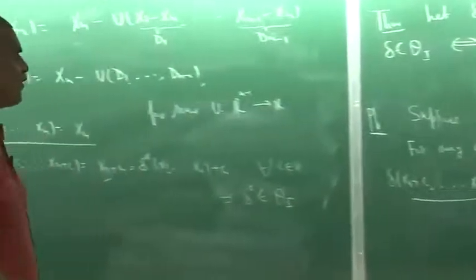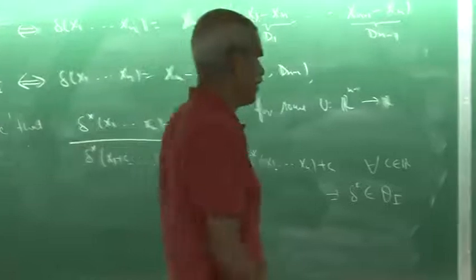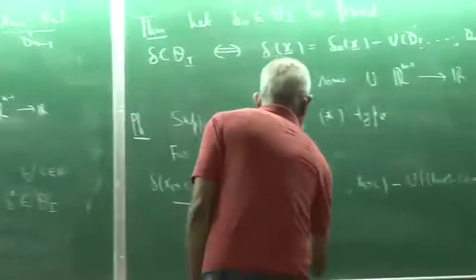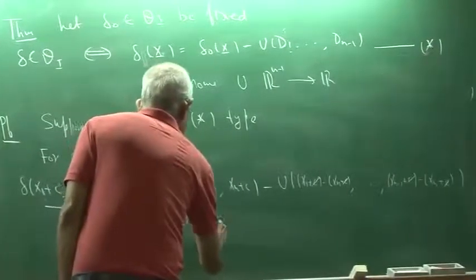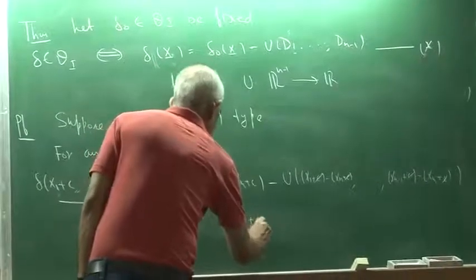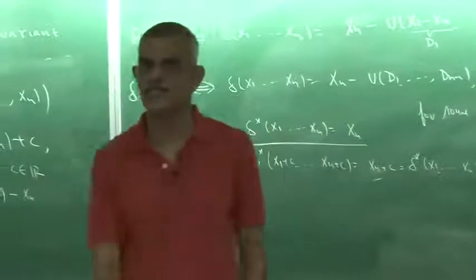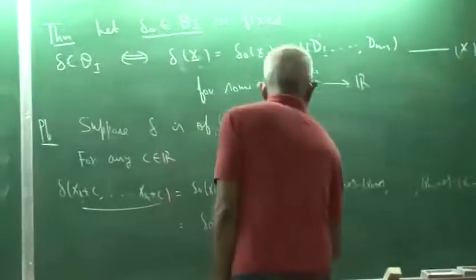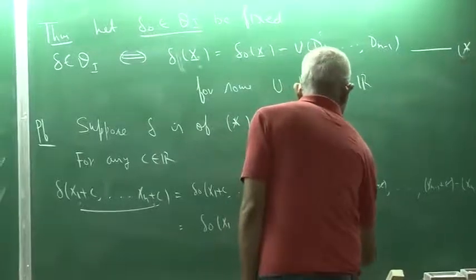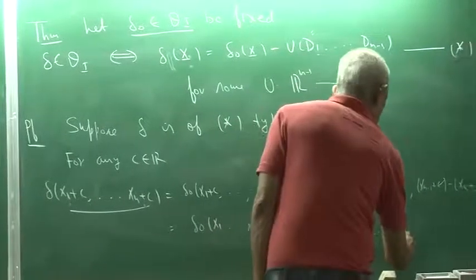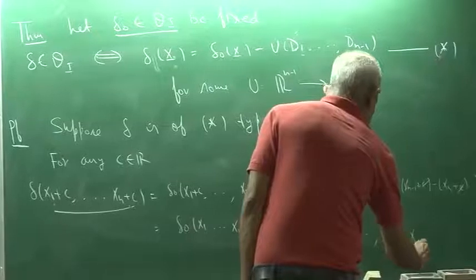So delta naught of x1 plus c, ..., xn plus c is the same as delta naught of x1, x2, ..., xn plus c. Why? Because delta naught is given to be invariant, I have chosen delta naught to be invariant, minus u of x1 minus xn, ..., xn minus 1 minus xn.